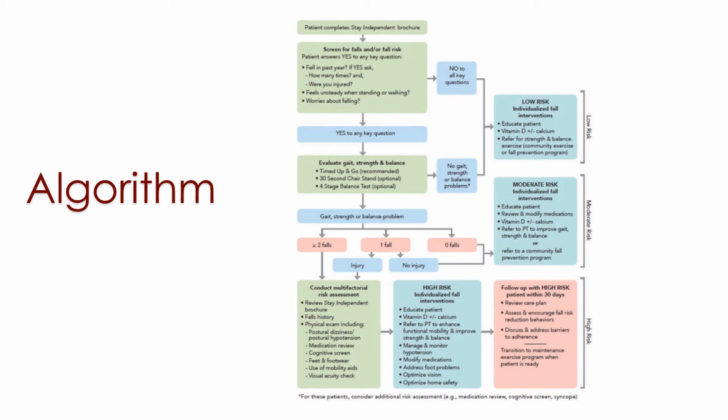So let's say that person had 1 fall with an injury, or they fall again into that greater than 2 falls category. They're going to go right into conducting a multifactorial risk assessment. So you're going to do their falls history, physical exam, cognitive screening, footwear check. They're going to go through all the different disciplines and be assessed that way.